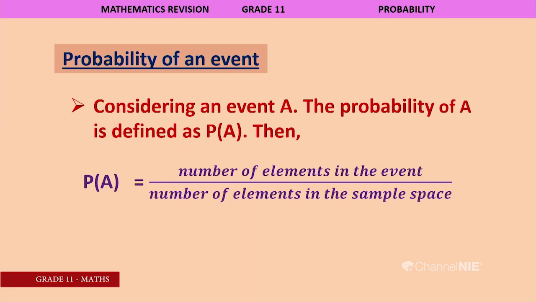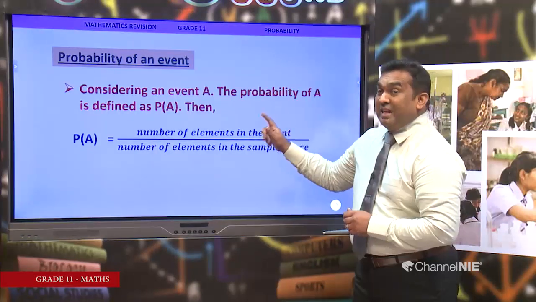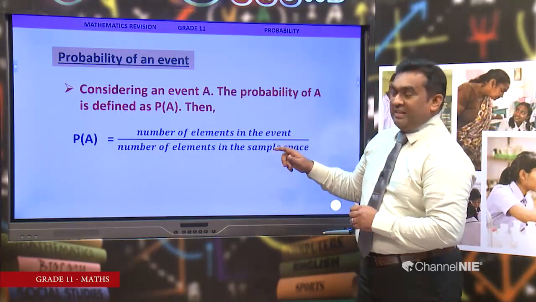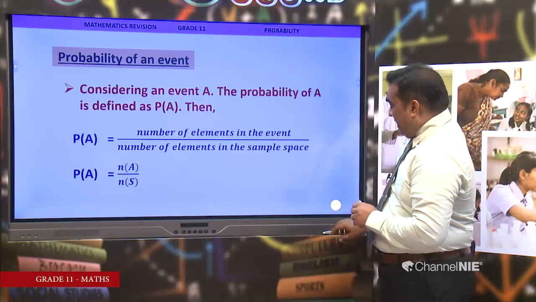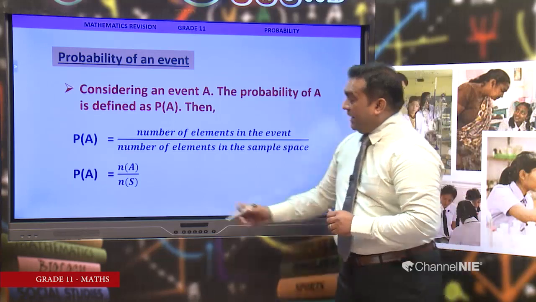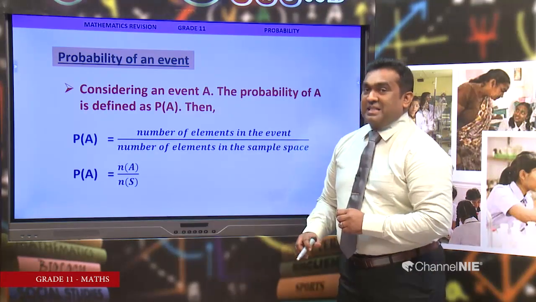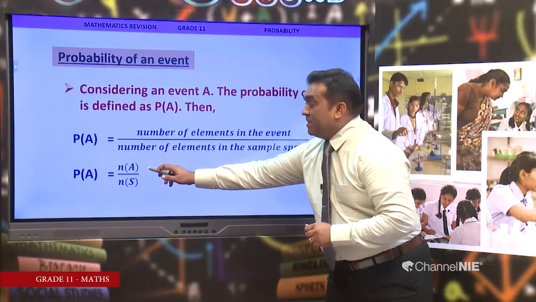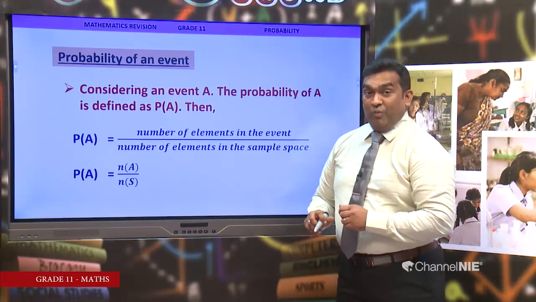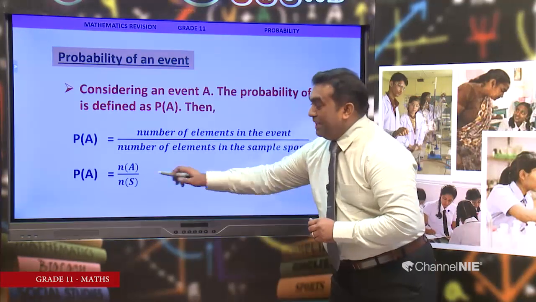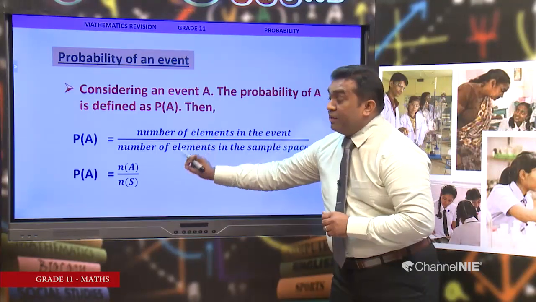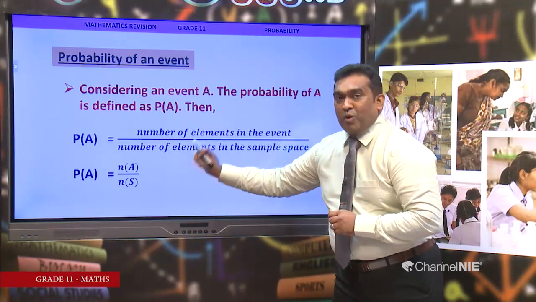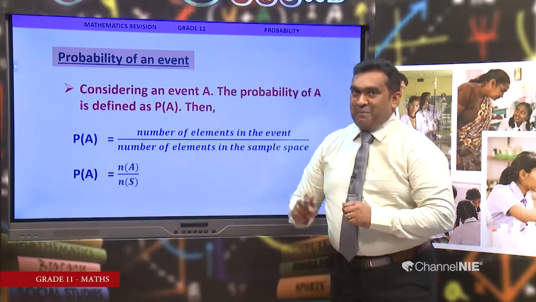This is how we find the probability of A. Remember that A is an event. P(A) is defined as N(A) over N(S). N(A), the number of elements in set A, is divided by the number of elements in the sample space. This is the theoretical definition of the probability of event A.